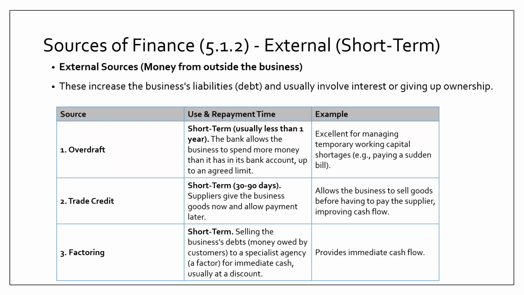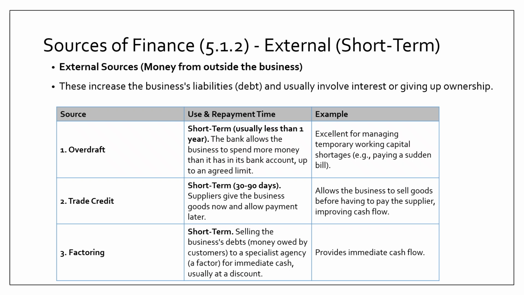Short term, usually less than 1 year, the bank allows the business to spend more money than it has in its bank account up to an agreed limit, which is called an overdraft. For example, excellent for managing temporary working capital shortages, for example, paying a sudden bill. Number two, trade credit.